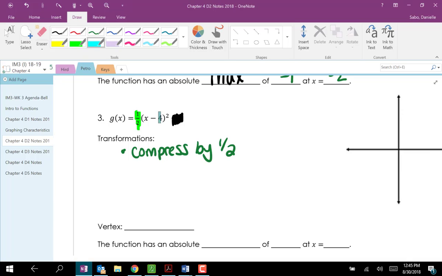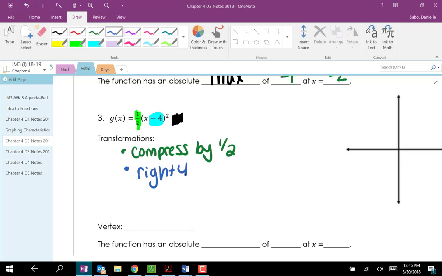Now, this 4, people always get tripped up on this one, but it's okay. It's originally negative, so we're good. So am I moving left or right here? Right. Very good, right 4. And look, there is nothing here now that I crossed it out. So we're not moving up or down.